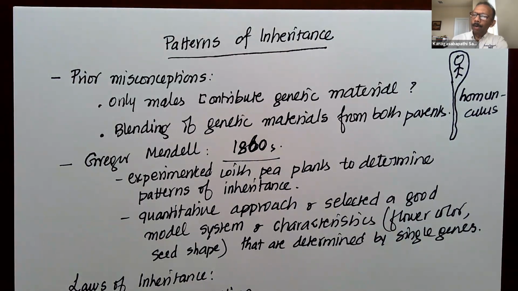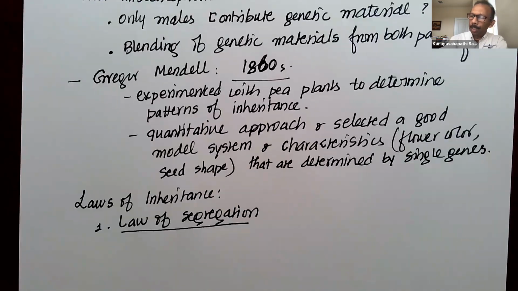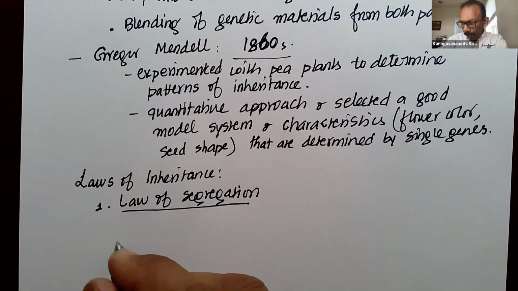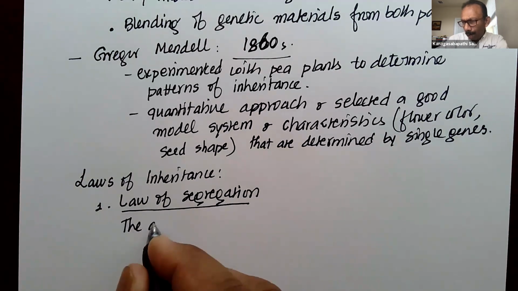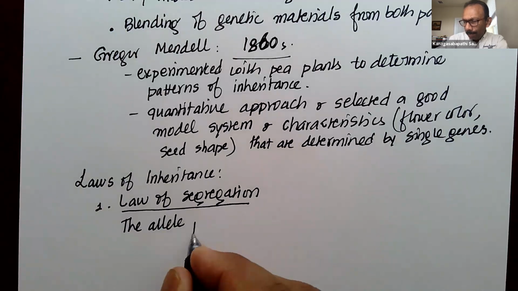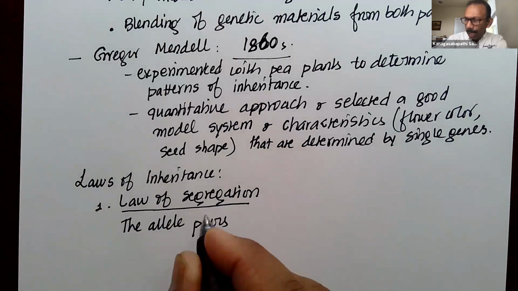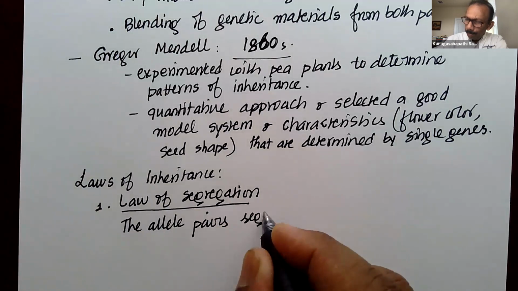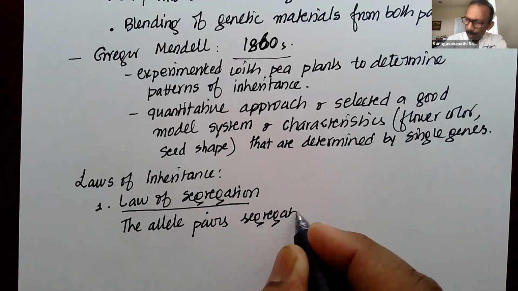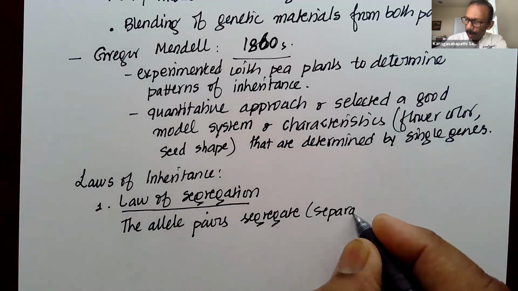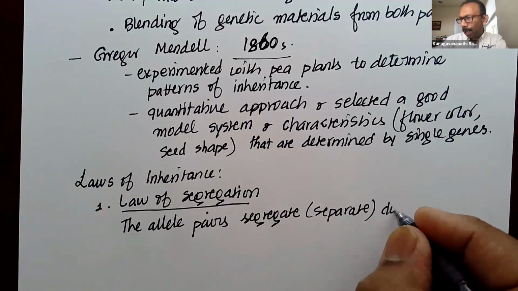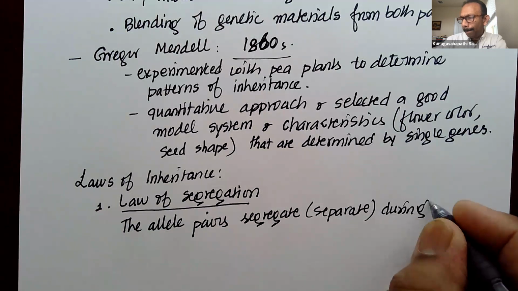Okay, the law of segregation states that the allele pairs, and I will come into what allele pair means, segregate, that means separate, during gamete formation.